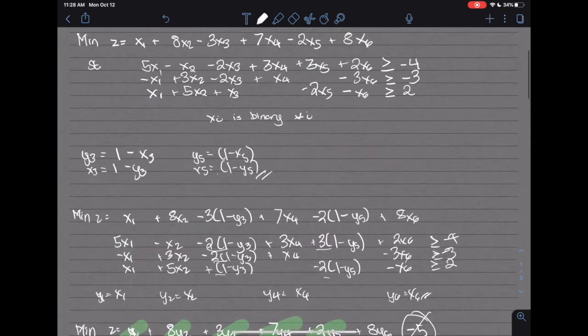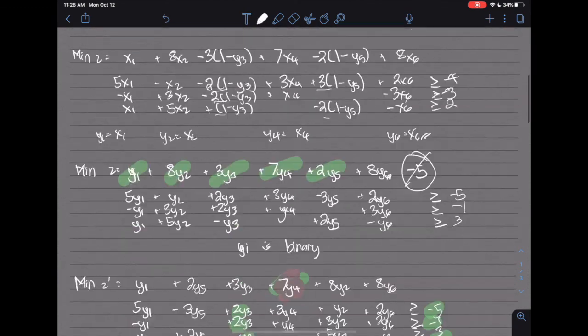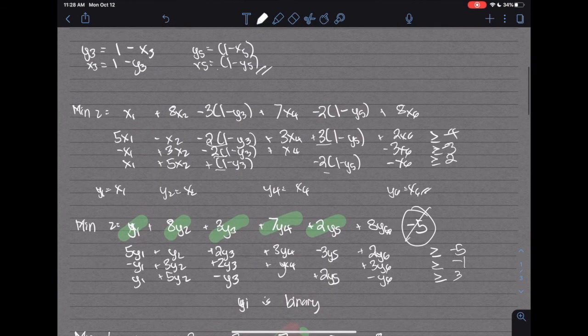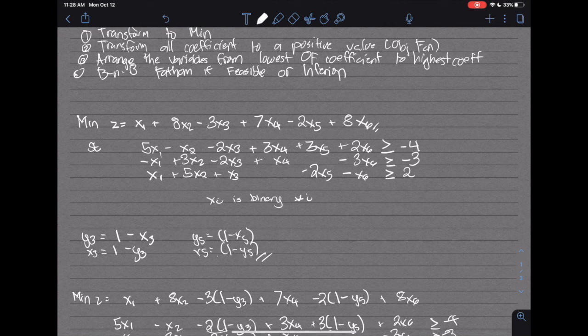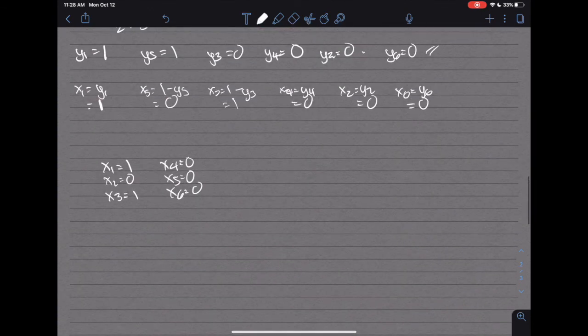Plugging this into your original objective function, which is this. Let's just double check. x1 and x3. Therefore, your optimal z value is equal to negative 2.